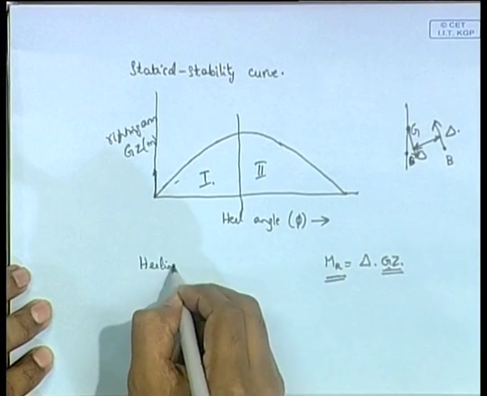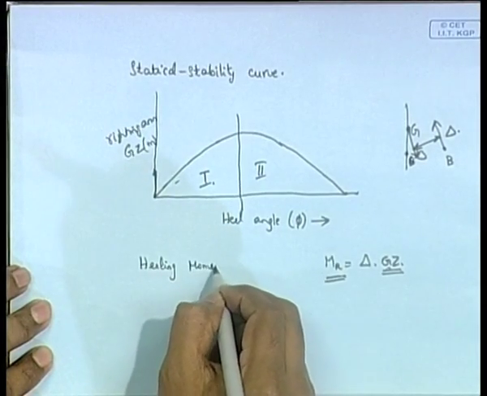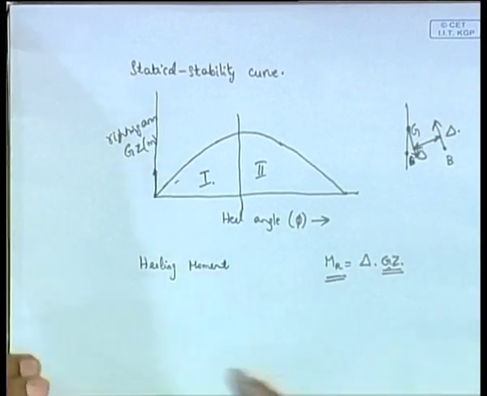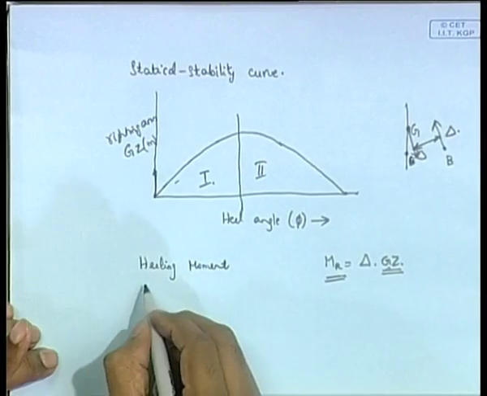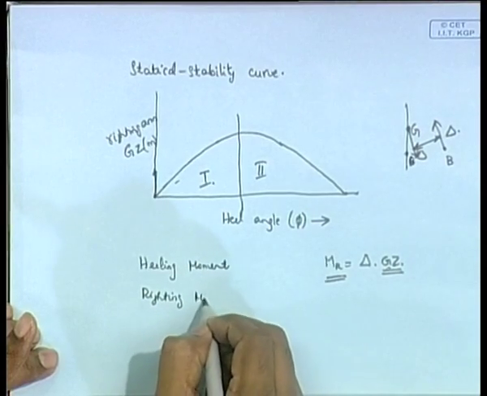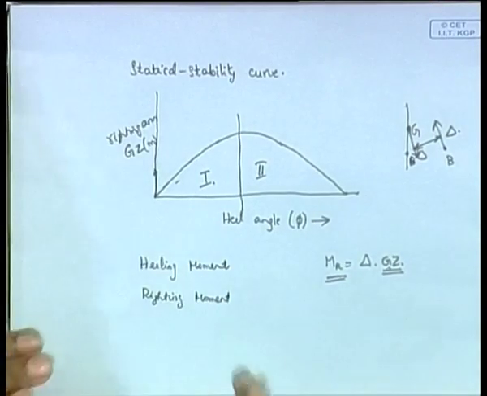There are two moments which we should know: the heeling moment and the righting moment. That is why some people write strange things in the paper like "moment increases", without saying which moment. Heeling moment means the moment that is causing the ship to incline or increase the phi.